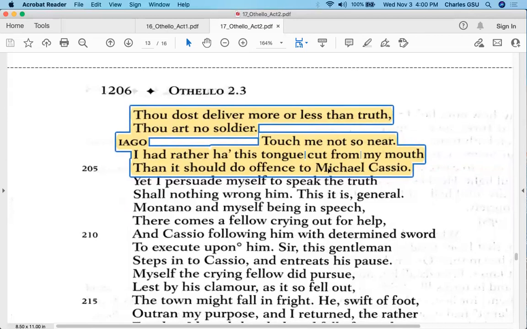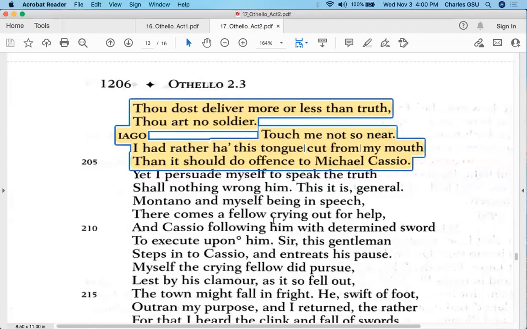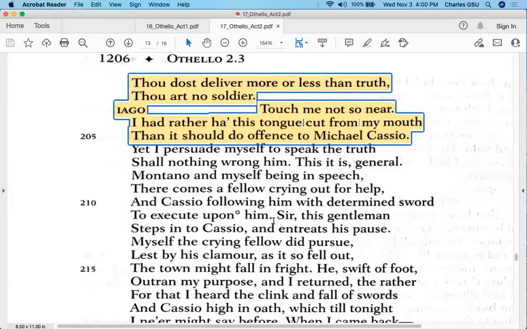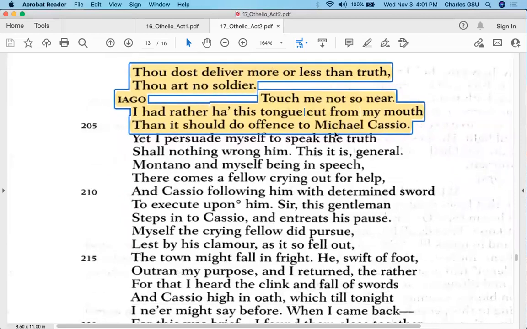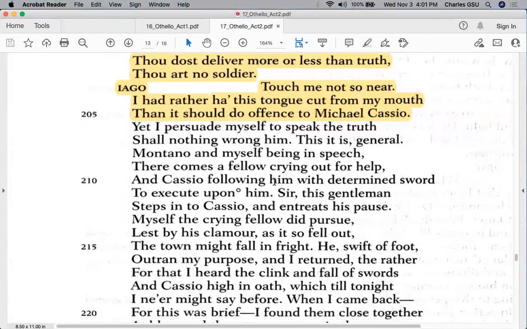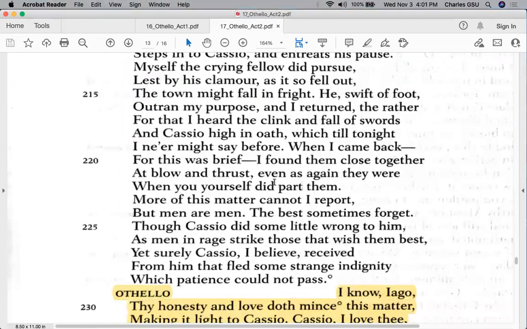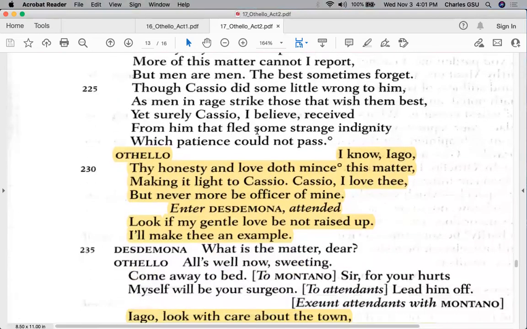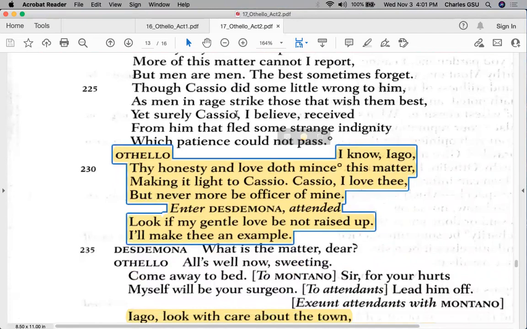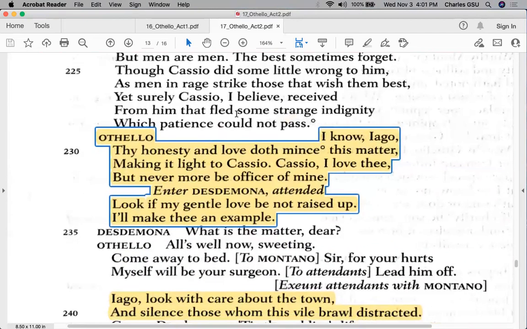I would rather have my tongue cut out than say who it was," that it was Michael Cassio. So in the very telling, he rats out Michael Cassio, which is, of course, exactly what he wanted to do, right?